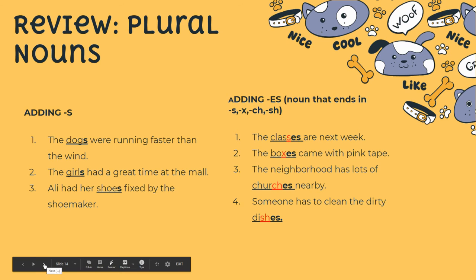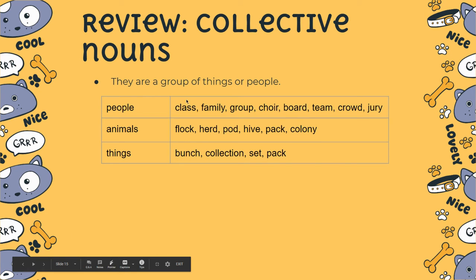Let's check the next slide. Okay, so review collective nouns. So collective nouns, they are a group of things or people. And here you have some examples of collective nouns for people, animals, and things. So collective nouns for people could be class, family, group, choir, board, team, crowd, jury, and there's a bunch of others.